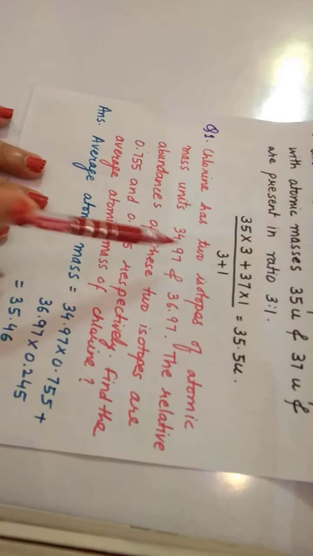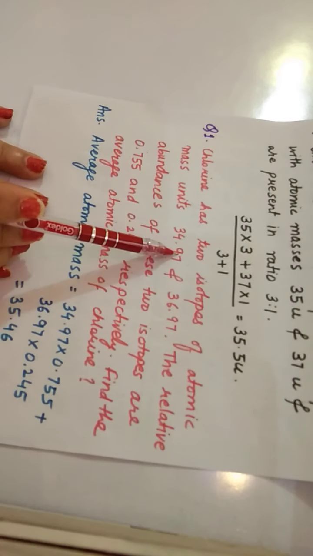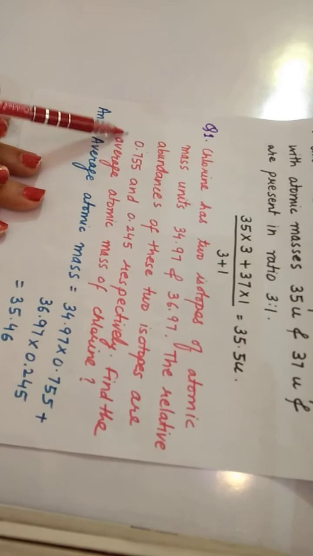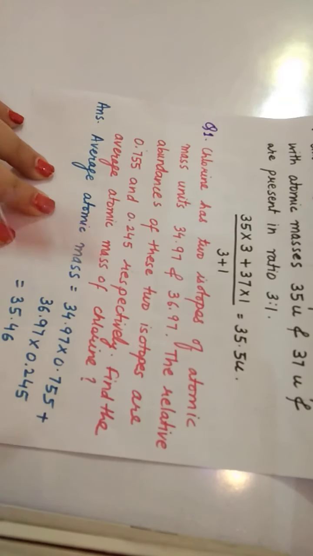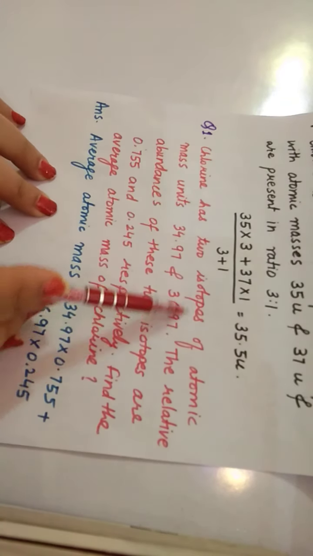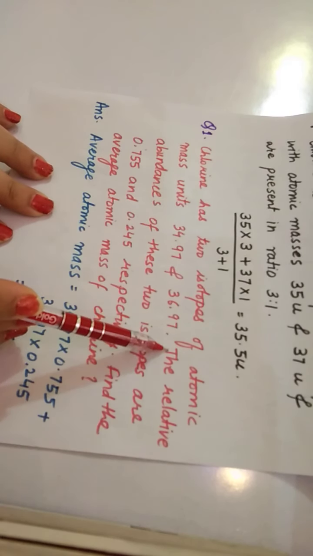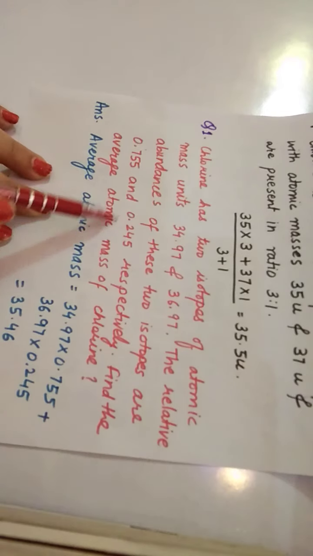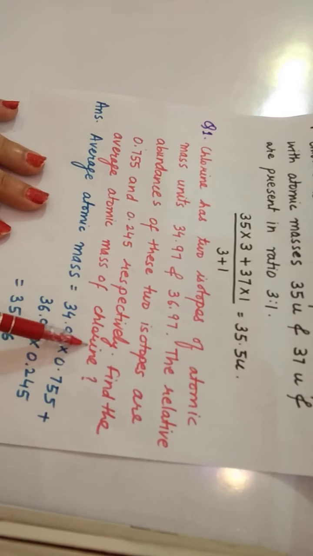The first isotope, with atomic mass 34.97, has relative abundance 0.755, and the second isotope, with atomic mass 36.97, has relative abundance 0.245. You need to find out the average atomic mass of chlorine.